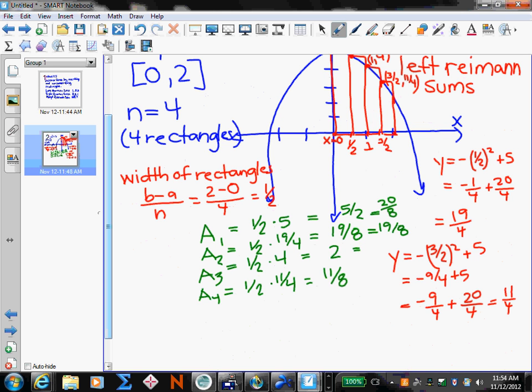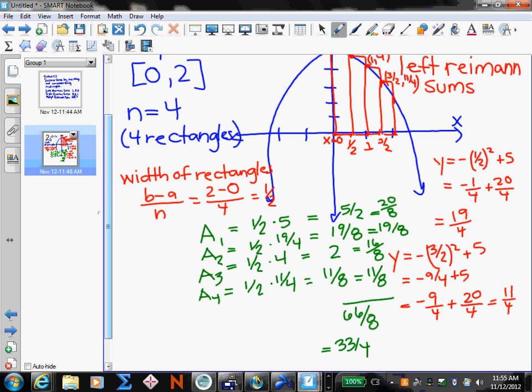And if I change 2 into 8s, I get 16/8. And then the last one is already in terms of 8s. So then I'm just going to add up my numerators and put them over 8. So I have 20 plus 19 plus 16 plus 11, which will give me 66/8, which of course I can simplify to be 33/4.